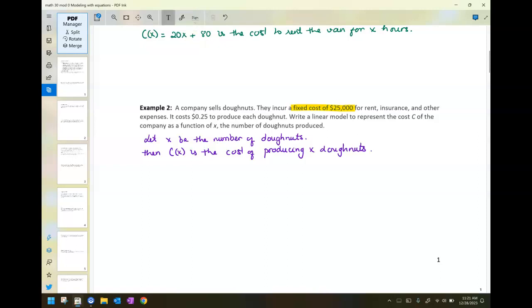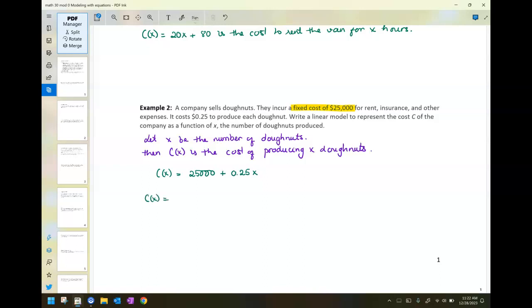And so let's write up the equation. So C of x is equal to the fixed cost. So this is how much it costs. Now this is the additional cost of producing x units of donuts. Okay, so then we can write this in a complete sentence.